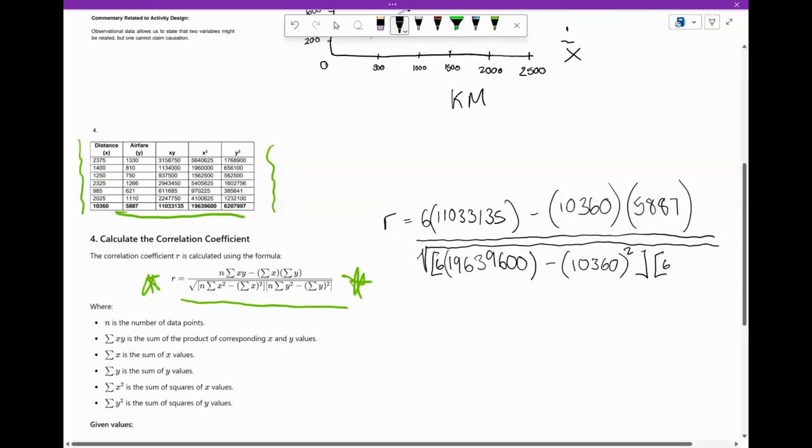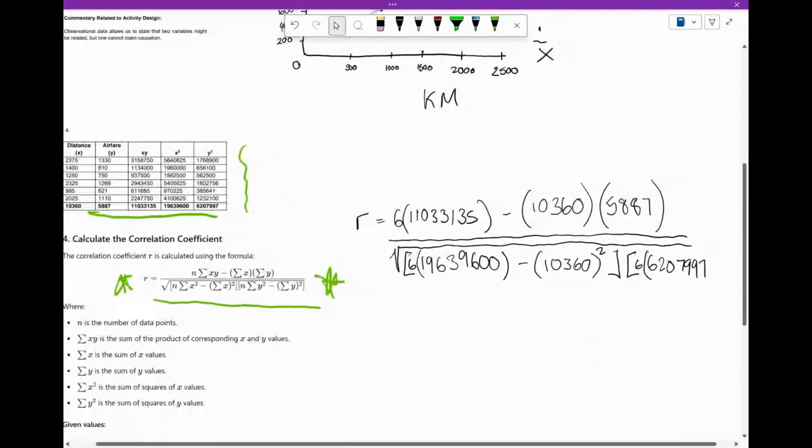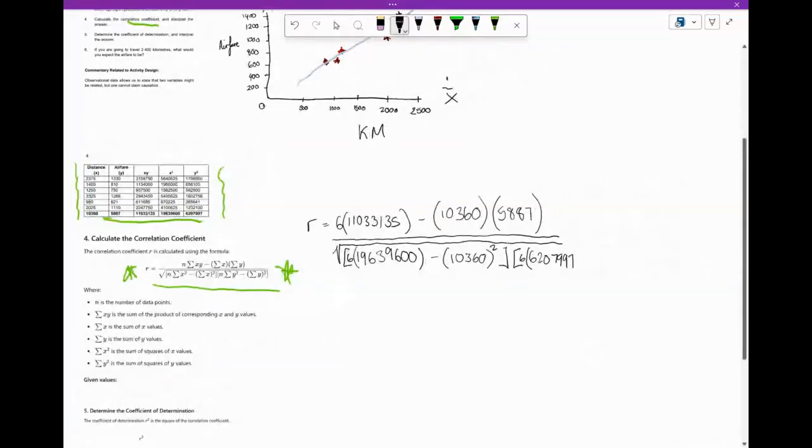We say 6, sum of y squared, which is 6,220,7997, minus the sum of y, 5,887 squared.